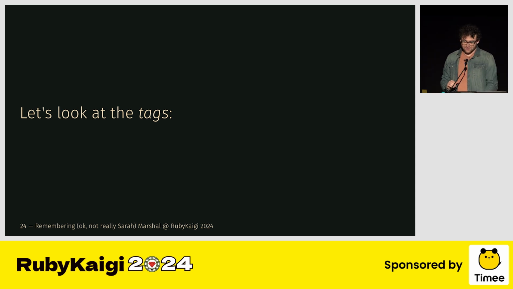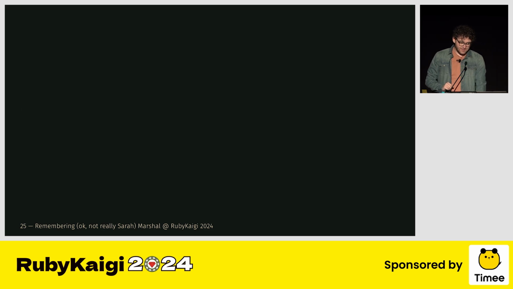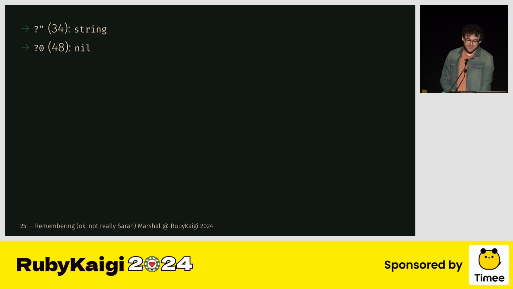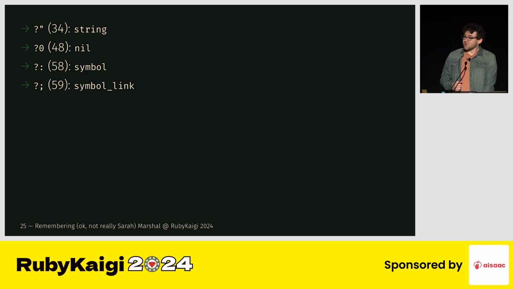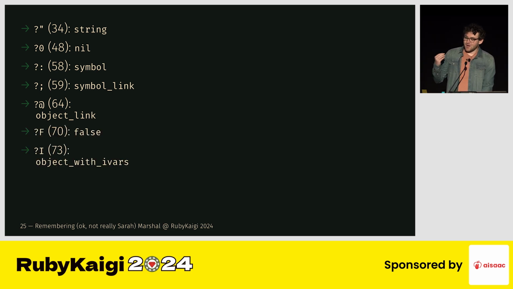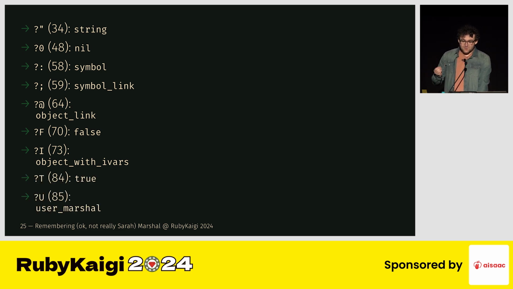Let's have a look at the different tags that are in Marshal. Take a deep breath. So we have strings, we saw those. Nil gets its own tag. There are symbols, we already saw those. There are links to symbols. There are links to objects. False. Objects with instance variables. True. User-defined Marshal classes.